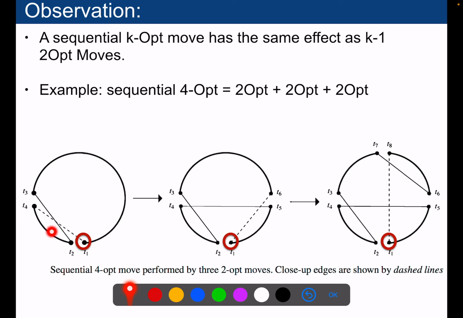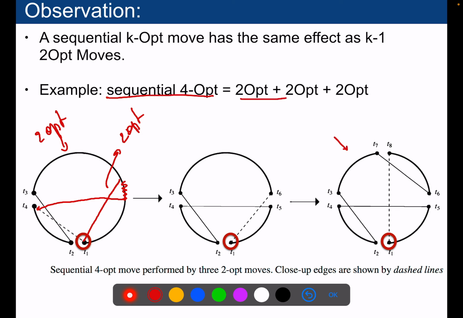And that's exactly one additional 2-opt move as well. And then you can continue like that. You can continue the reasoning, and this is what we do here. And so clearly a sequential 4-opt move is a combination of 3 2-opt moves. And then you close exactly at the end. So you can close at any time. You can stop at any time, but you can also continue by extending the 2-opt move.